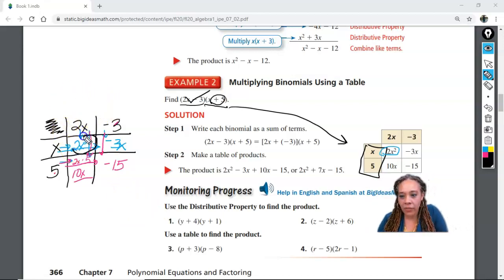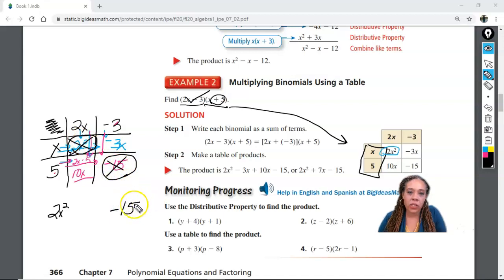So here I have a 2x squared, or 2x to the second power, and there's no other term in these boxes that has an x to the second power, so that term is complete and recorded properly. And I'm going to do the last term really fast for you. If you notice this negative 15, this is my constant on the end, it's going to be recorded just like the 2x squared was, because there's no one for it to combine like terms with.